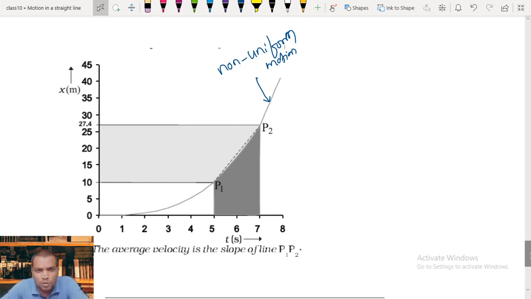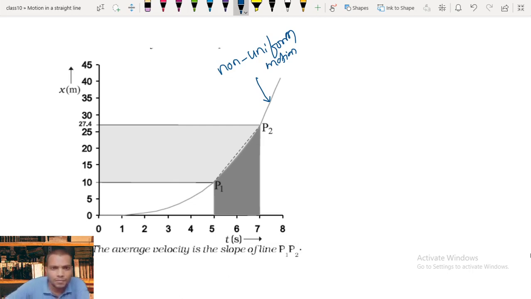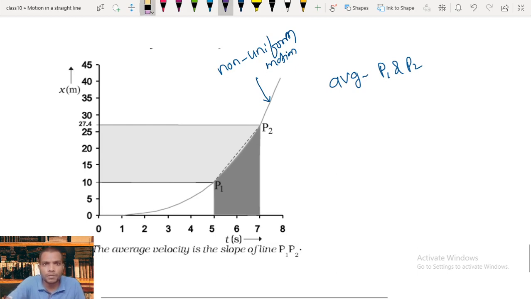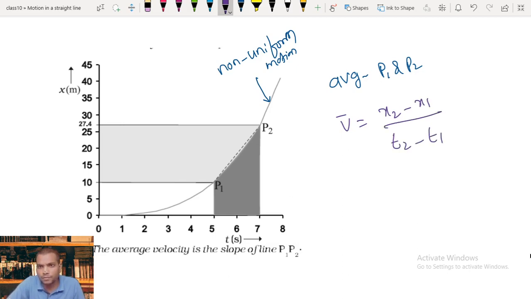Now, to draw the velocity versus time graph, first of all I need to calculate velocity. Let us first calculate the average velocity between points P1 and P2. Writing the average velocity formula, V bar equals x2 minus x1 upon t2 minus t1.